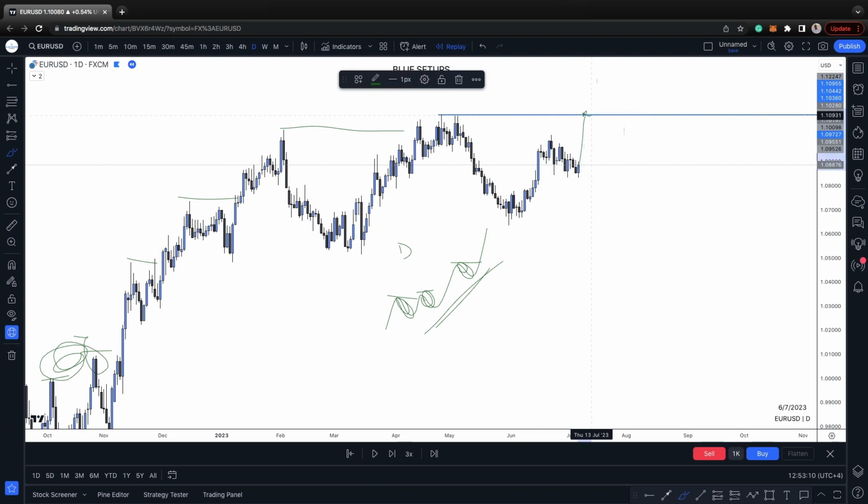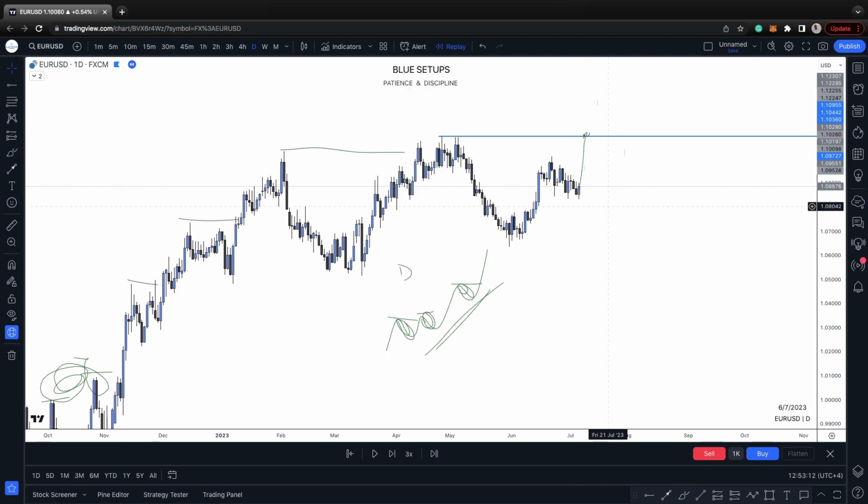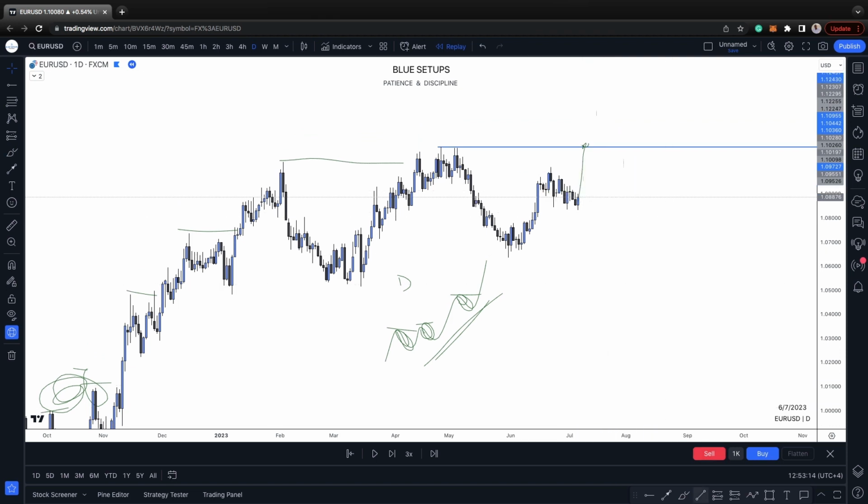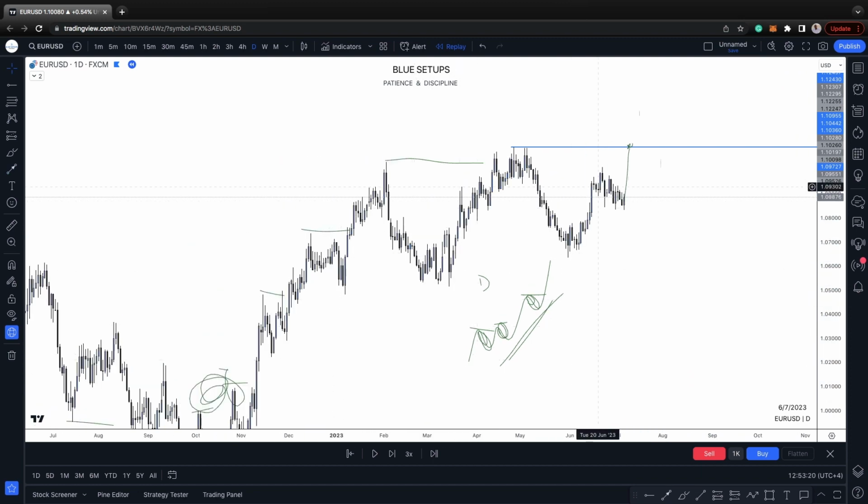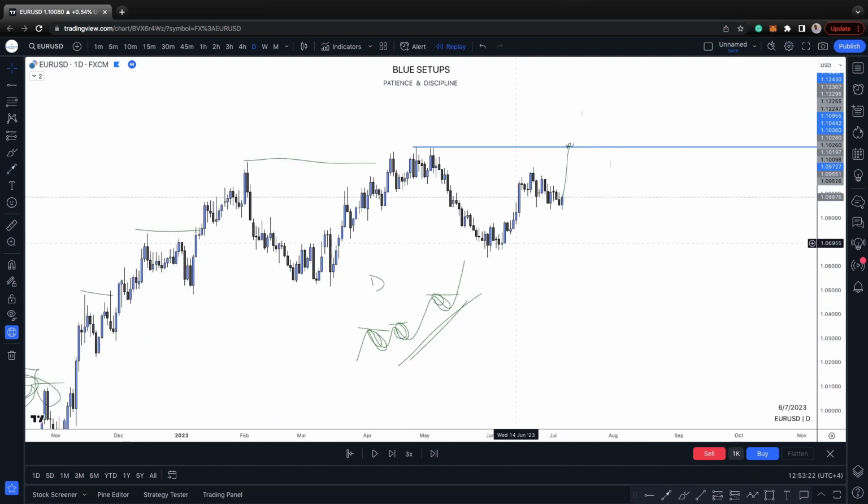The market was still in here, and based on the overall context of the market being bullish, I was expecting price to come take this high. Now, talking about framework, this is what will help you understand more about the market.